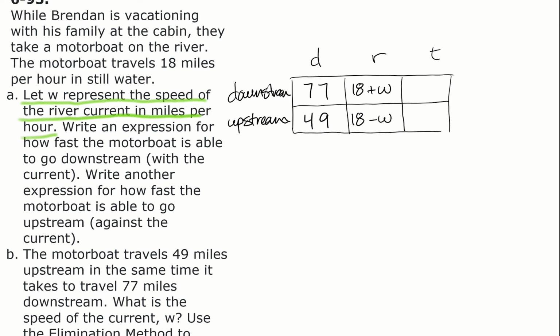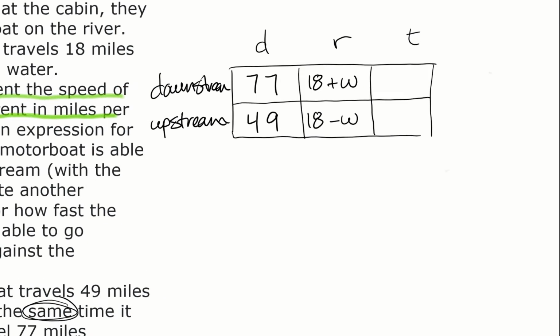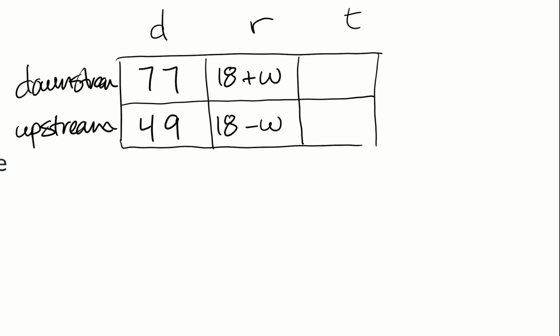Now, the other thing that we know is it says in the same amount of time. So because the time is the same amount of time, I can place t into these two boxes and just let t be that same amount of time. So let t be the time that it takes for it to go 77 miles downstream, and that t is the same as the 49 miles going upstream.